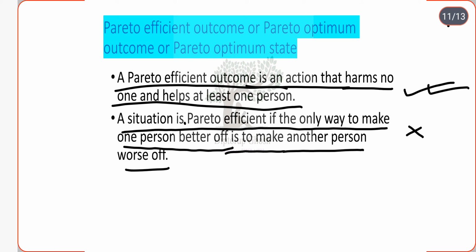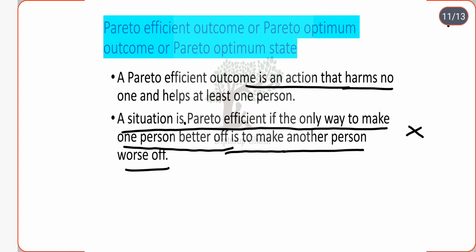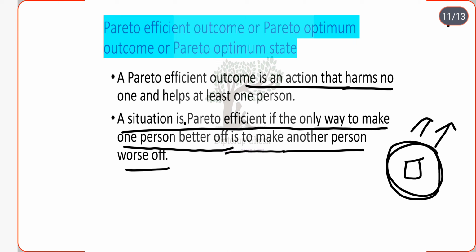Okay, so if we are in a Pareto efficient allocation, then it is not possible to make anyone better off without making someone else worse off, because we are already in a Pareto efficient allocation, right? That means it is the best allocation or best outcome possible for all of them.